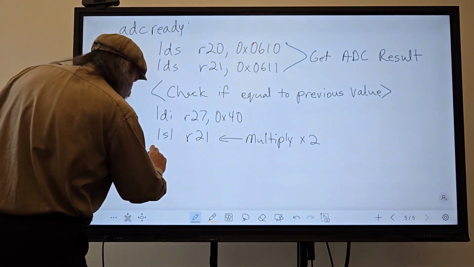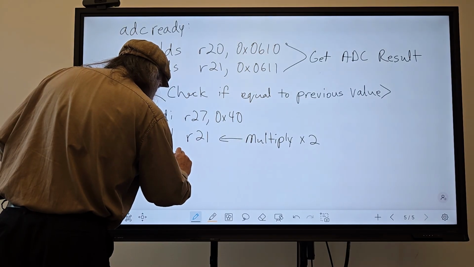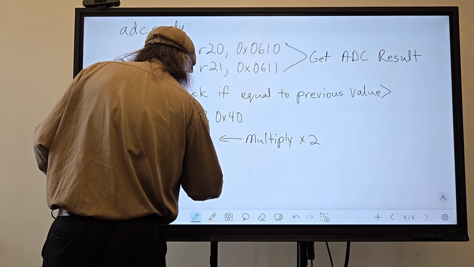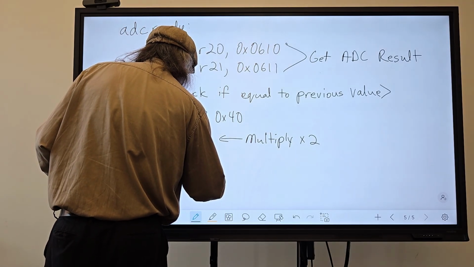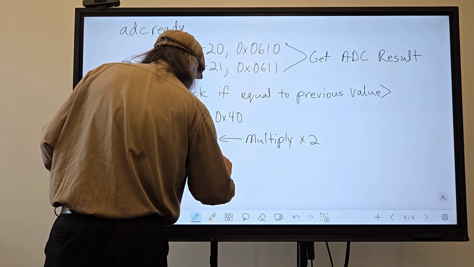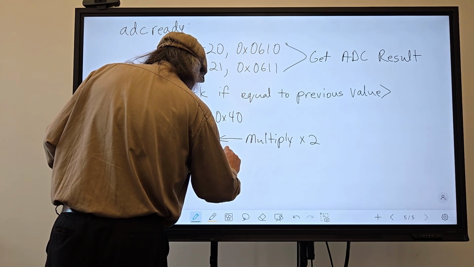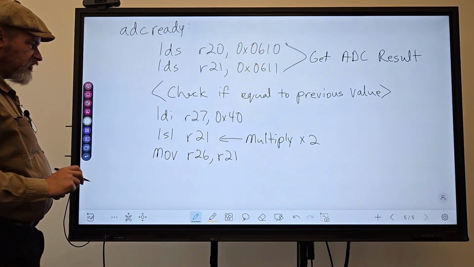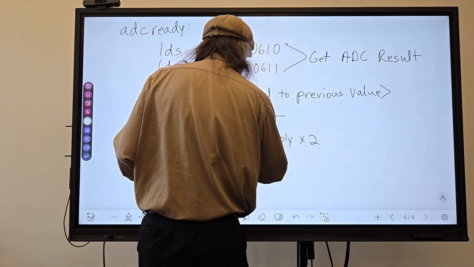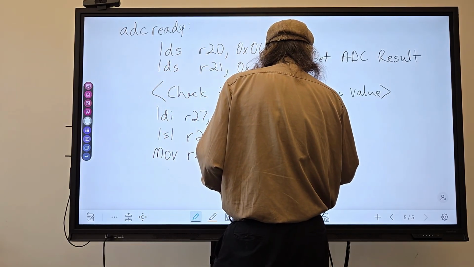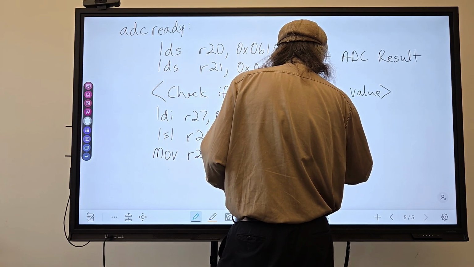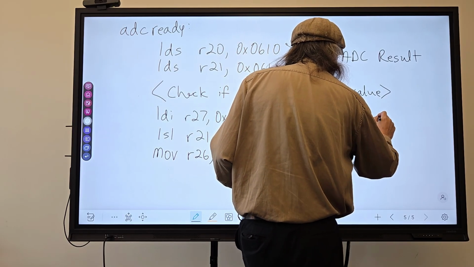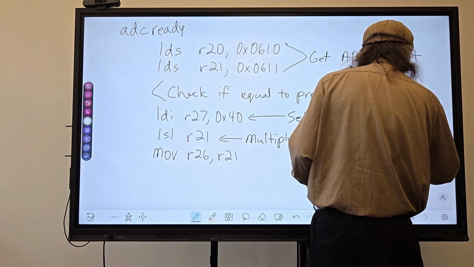And then move from R21 to R26. And this sets the high byte of the X pointer.